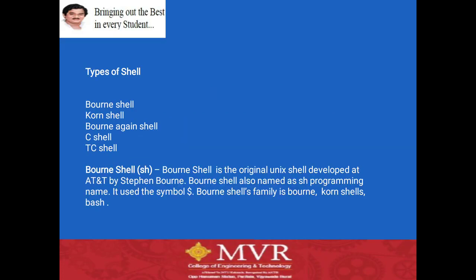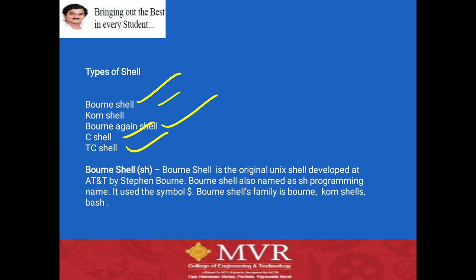And there are generally 5 types of shells available. Those are Bourne shell, Korn shell, Bourne Again shell, C shell, and TC shell. These are the 5 shells that Unix, Linux, or any flavor of Unix will use.